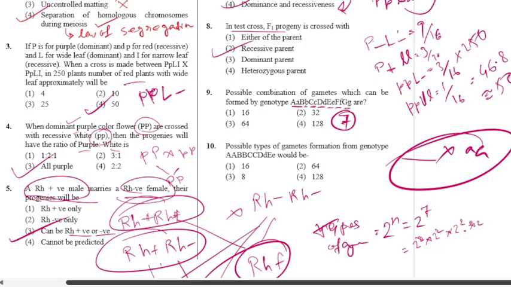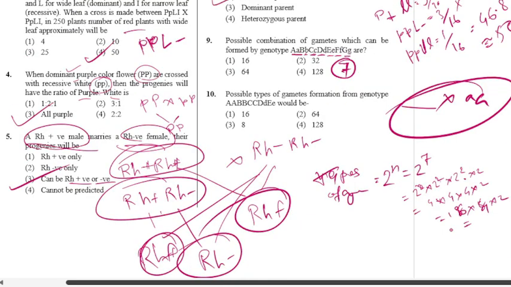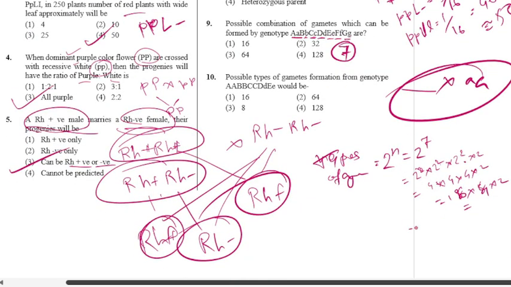So 4 into 4 into 4 into 2, that is 16 into 4 into 2, which is 128. Option 4 is the correct answer.